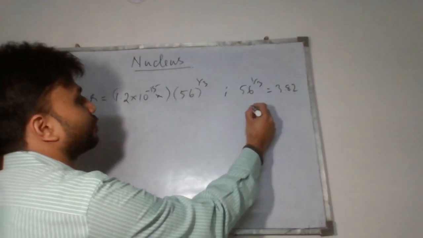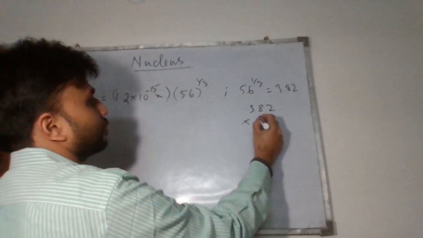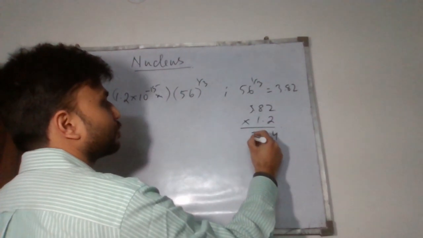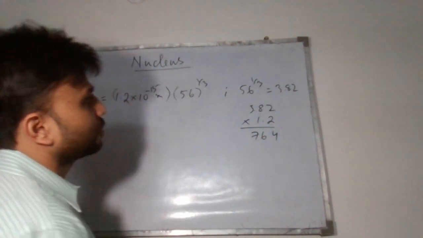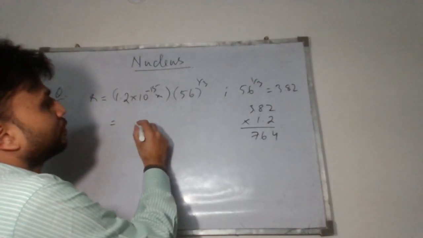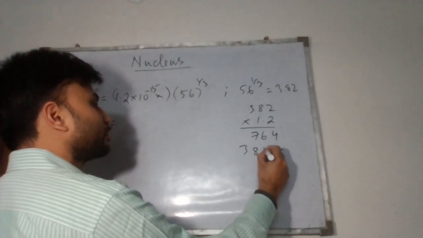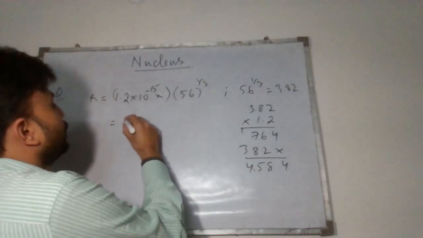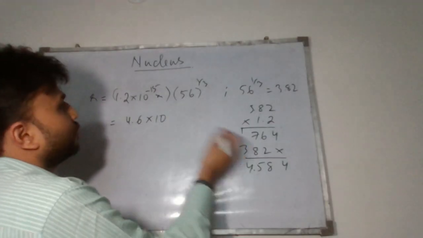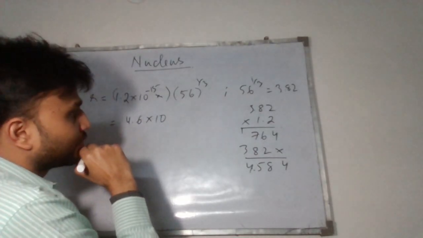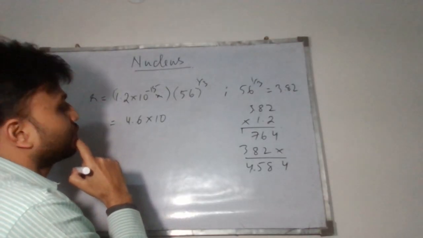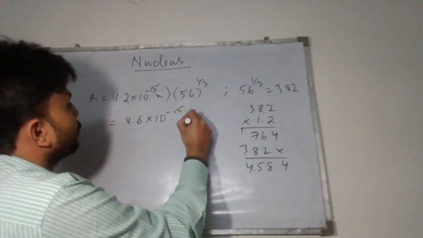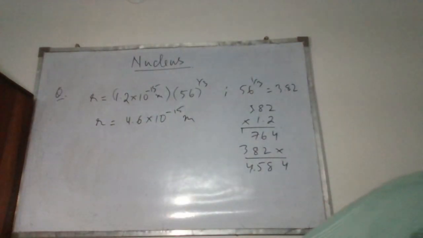So we can multiply, and we'll get some value for the radius.